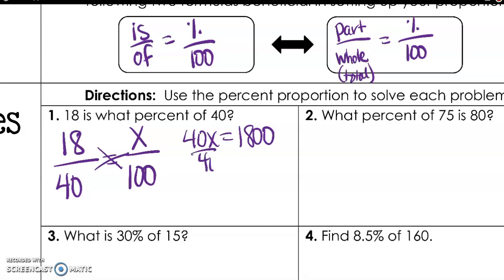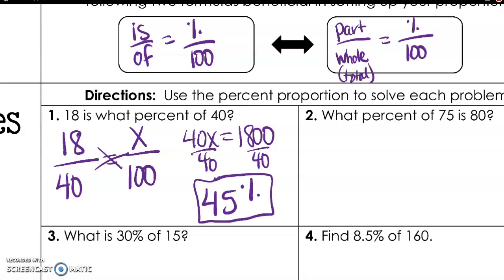Divide by 40. You don't need to write x equals, but you get 45, and it's a percent. Most of these don't need labels, but if it asks for a percent, you need to put the percent sign. If you don't need to write all of your work for cross multiplying, that's great. You multiply these two and divide by the leftover one.